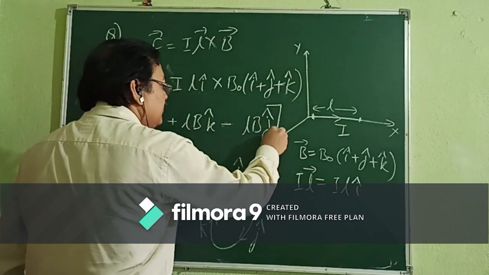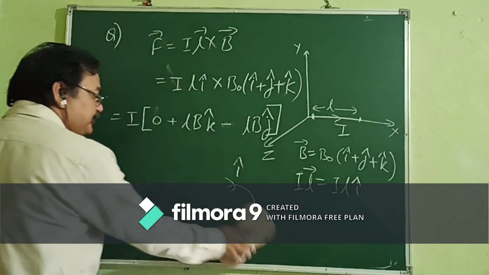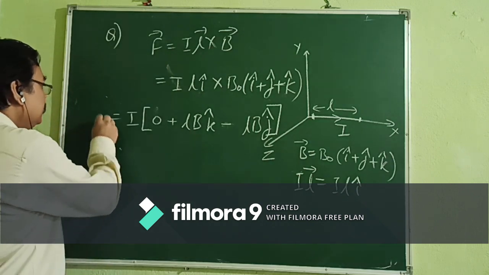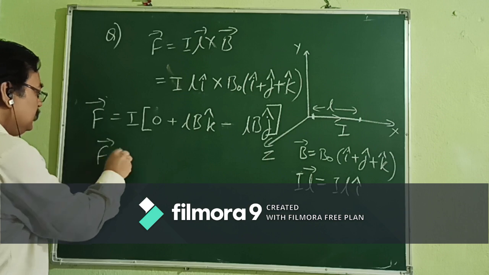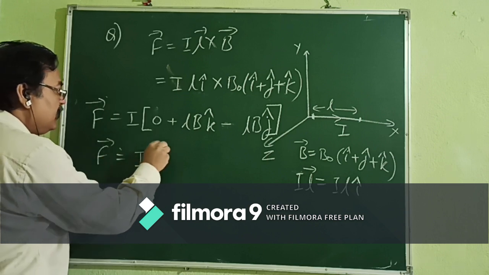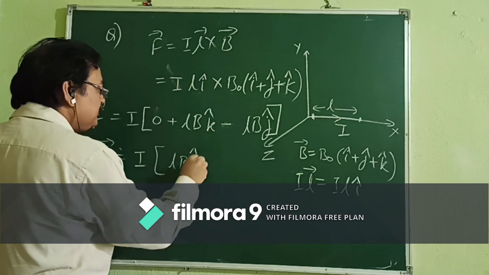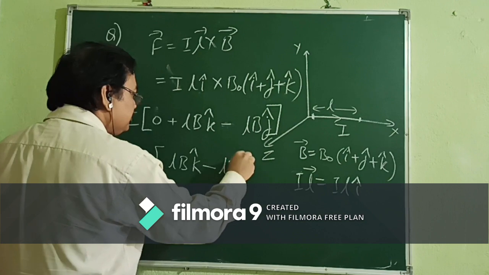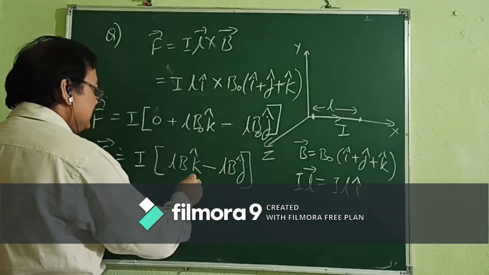We can put our square bracket here. Now what we'll get, see here. This is the force. I is there. What we have on the side is LB K cap minus LB J cap. Rather B naught, not B but B naught, because B naught is here.